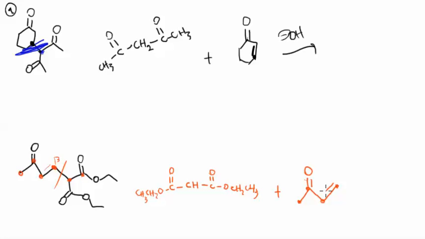So a double bond is going to be here. And there are the two pieces for the Michael reaction. For it to go forward, I need a little bit of base to make this better. So OH minus.